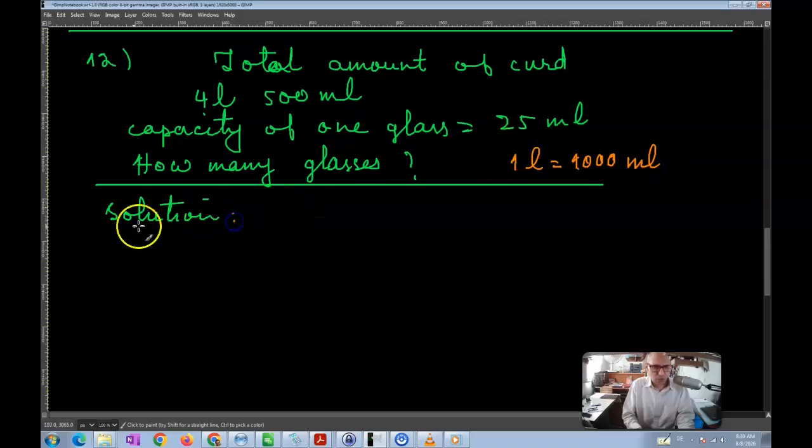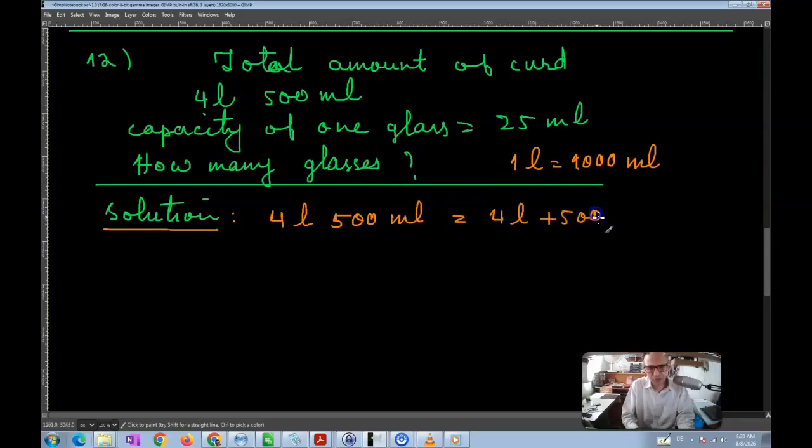So 4 liters 500 milliliters is the same thing as 4 liters plus 500 milliliters, which is 4 times 1 liter, which is 4 times 1,000 milliliters, which is 4,000 milliliters, right?